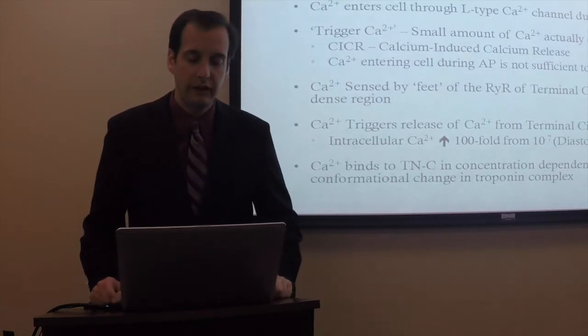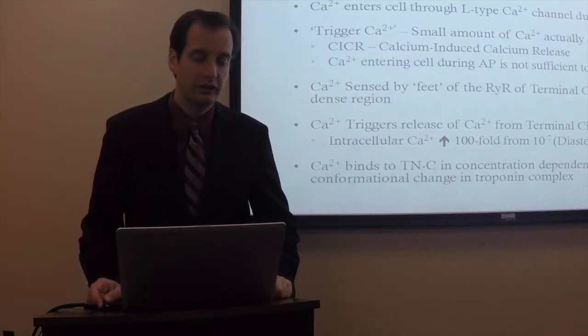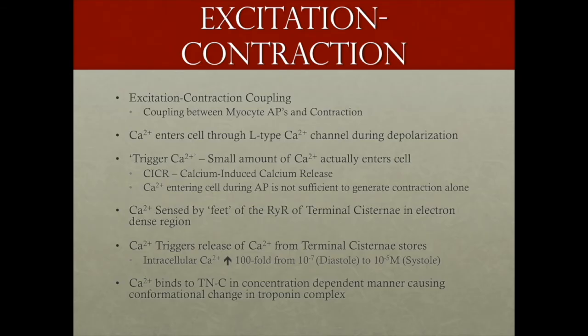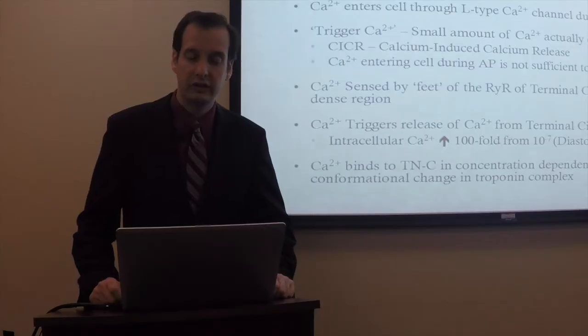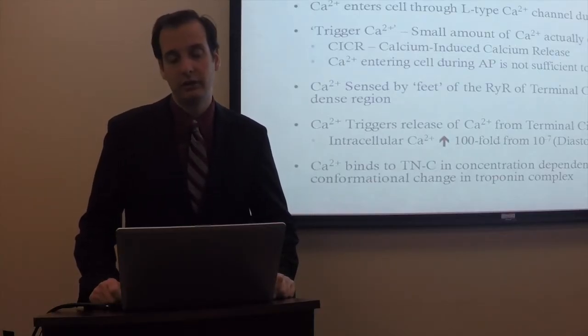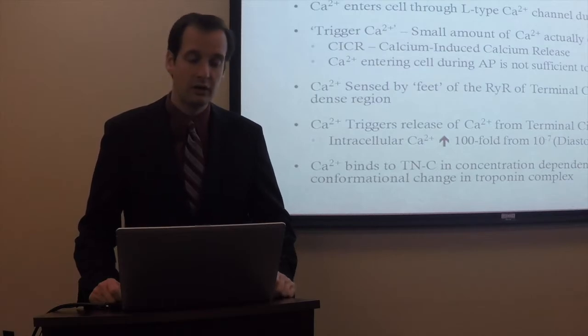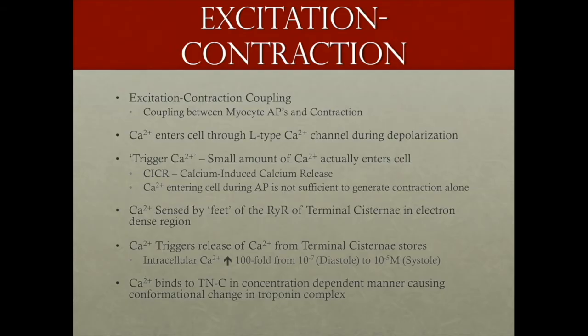So at this point, having gone through the discussion of functional microanatomy of your myocyte, we can now build a bridge between the first lecture, which focused on excitation, and this lecture, which will focus on contraction. So excitation-contraction coupling is the coupling between the myocyte's action potential and the myocyte's contraction.